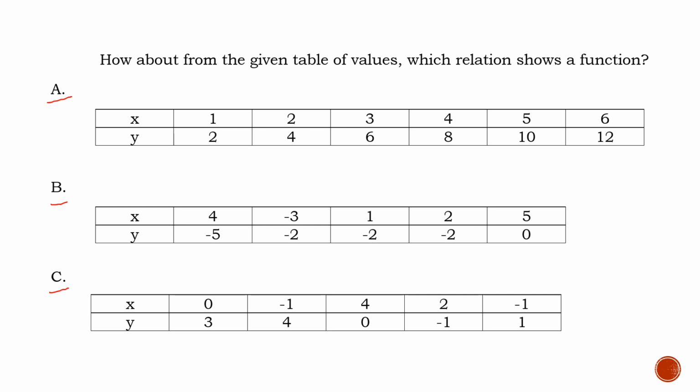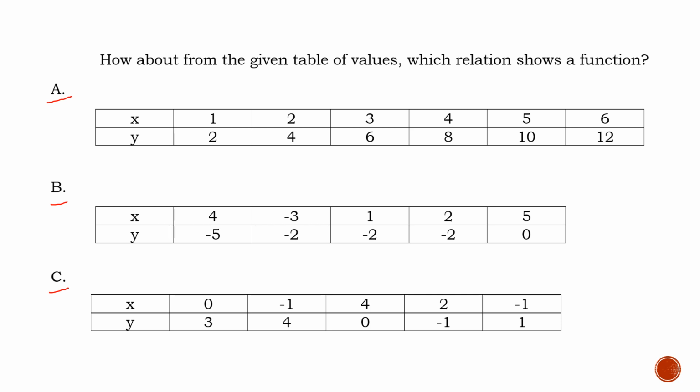We'll use the same process that we have done a while ago. We're going to check if there's an existing repetition in your x values. If there is a repetition of x values under this table, then the given relation does not represent a function.